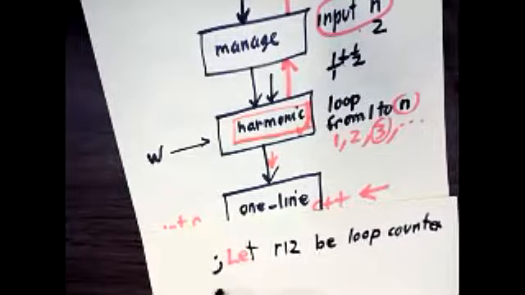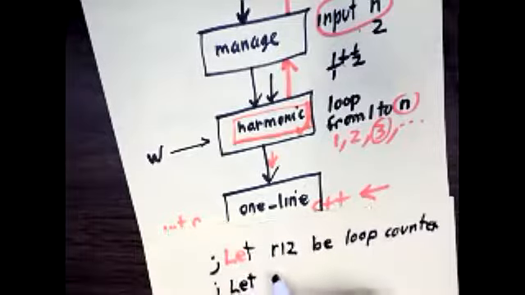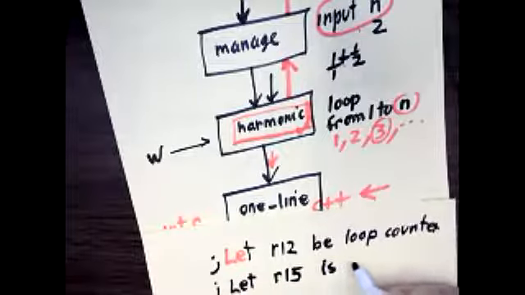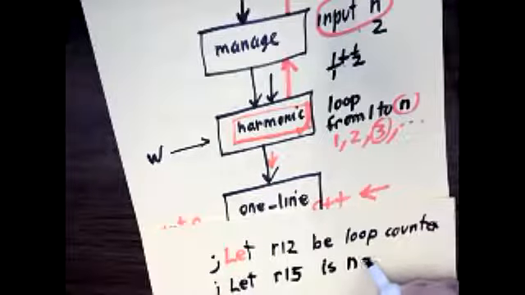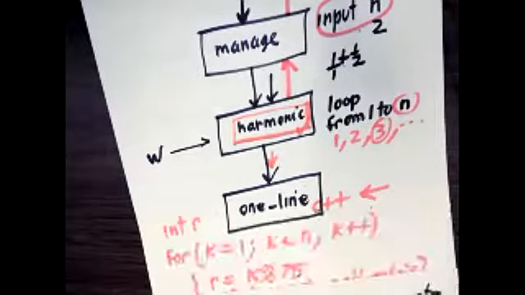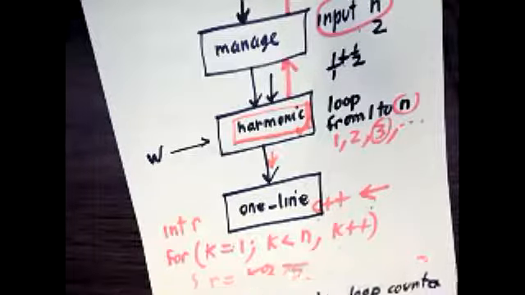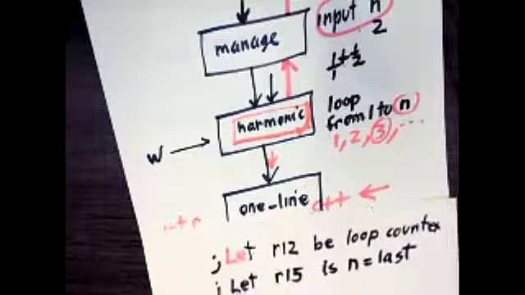Okay, and n has to be somewhere. R15 is n, the last number in our iteration. Then where's 75 stored?